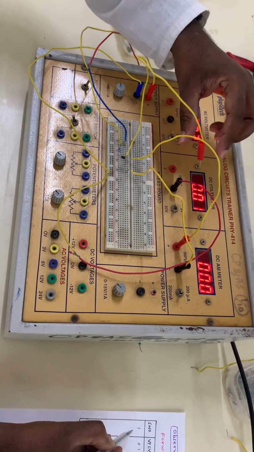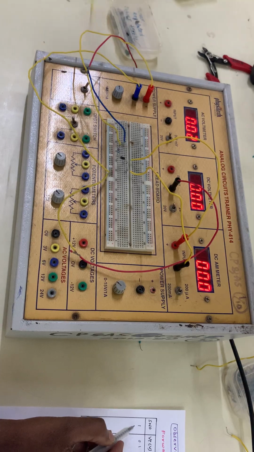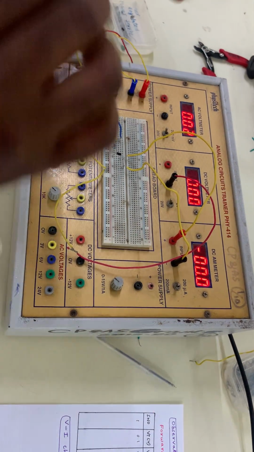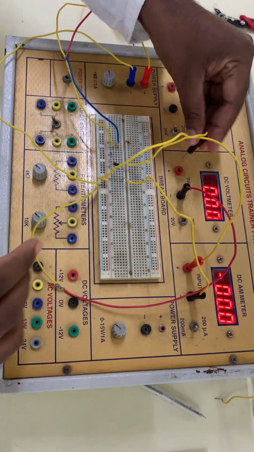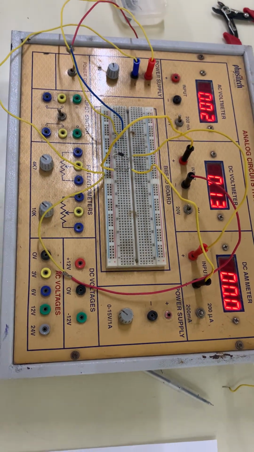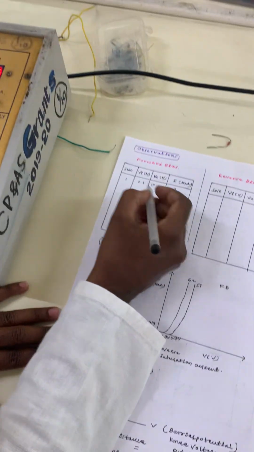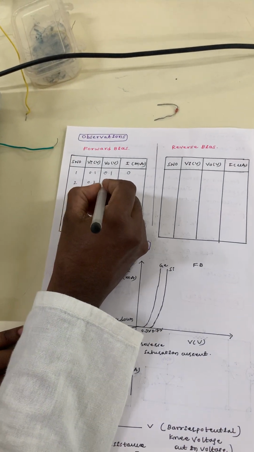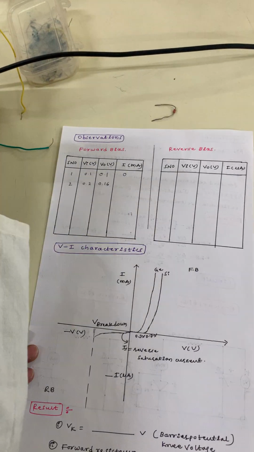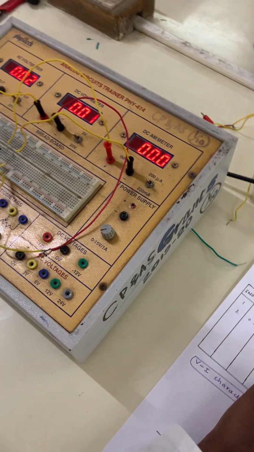Another patch cord I have to take because that one is not working properly. You have to see that the current is 0. Approximately 0.15 is coming. For the second reading, 0.2, we are getting 0.16. The output current is equal to 0.